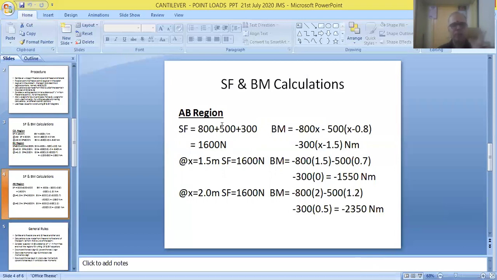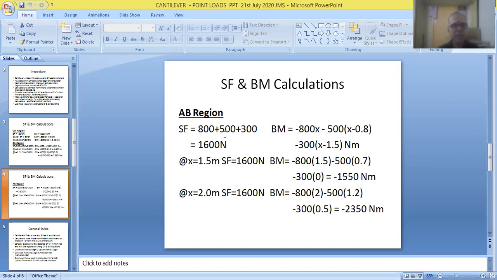And friends, now based on this, we have to write the bending moment equation. This force is acting at a distance of x meter. We are considering a section at a distance of x meter from point D in all the regions. So this is acting at a distance of x meter, so it is written as 800x.